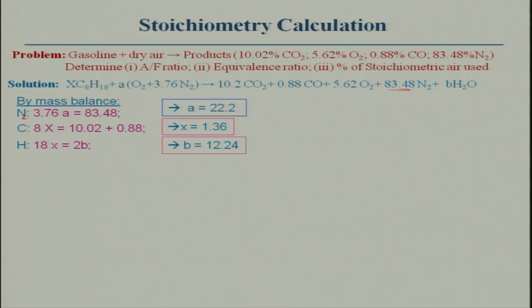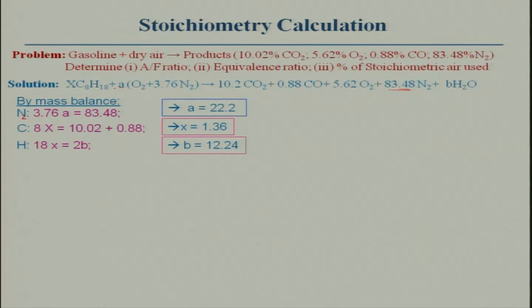Okay. This X is basically the symbol X. I wish I could have used Y, right. So that is basically X. Okay. 18 into 1.36 divided by 2 will give you 12.24. Now if you look at, I got all the X, A and B values, good enough.